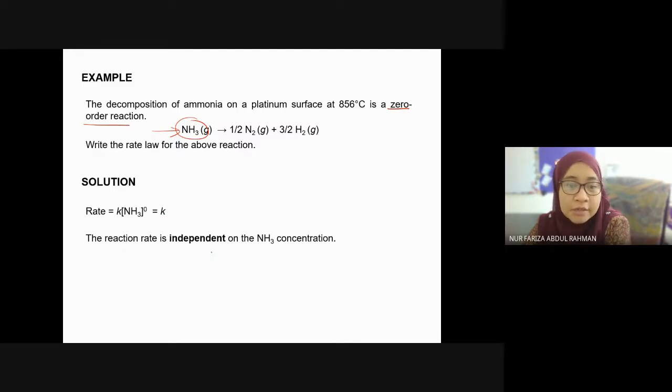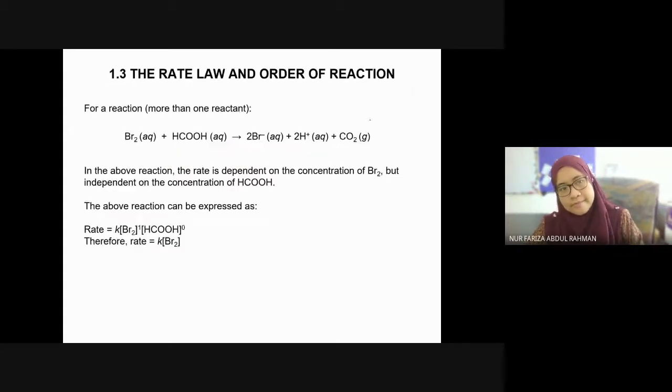Dia tidak bergantung on the concentration of the reactant. So whatever happens, whether you increase the reactant or whether you decrease the reactant, it will not affect the rate. Okay, because it is a zero order reaction. Okay, all right.